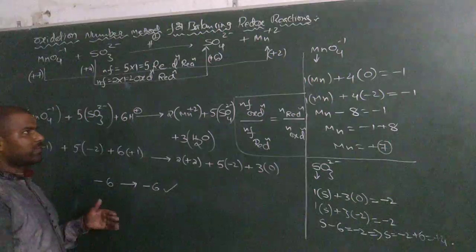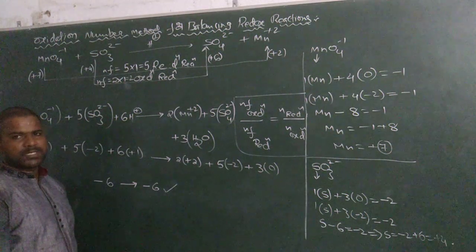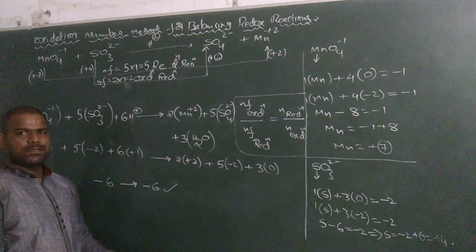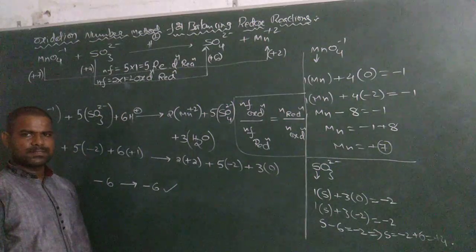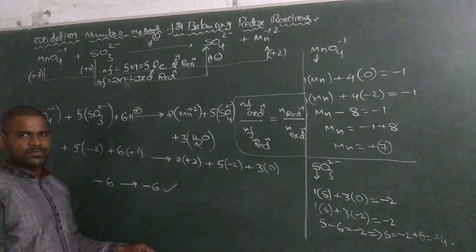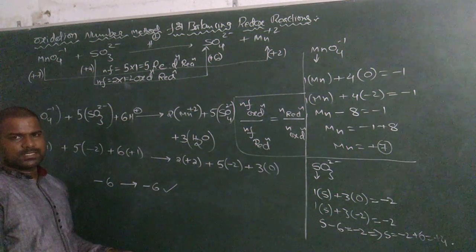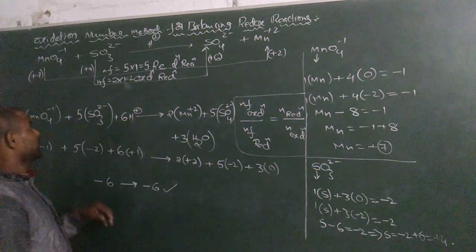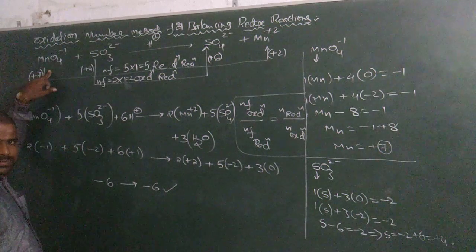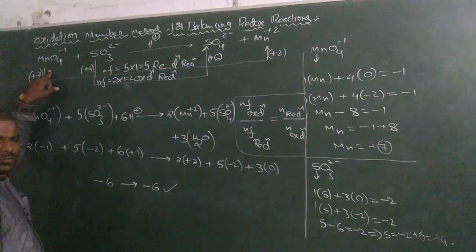So we can balance the redox reaction by the oxidation number method. Following these rules, we can balance any stoichiometric equation given to us. The first step in the oxidation number method for balancing a redox reaction is to calculate the oxidation state of the element in the given species, either a molecule or an ion.